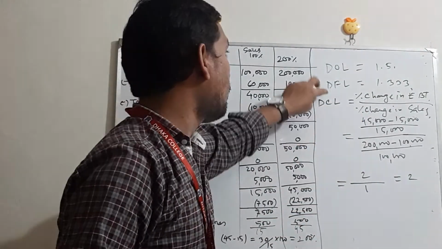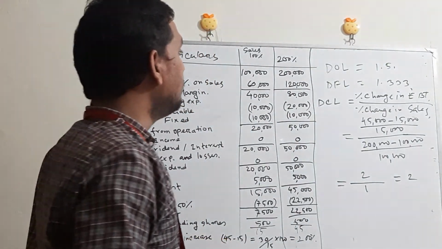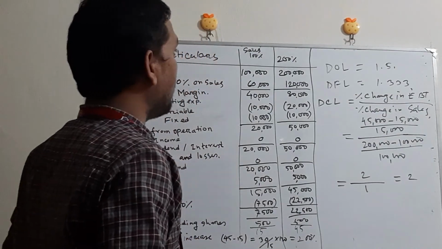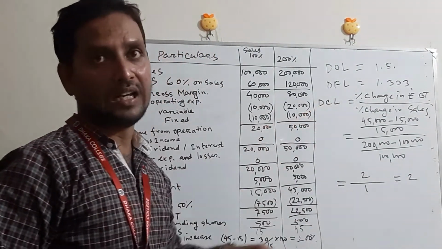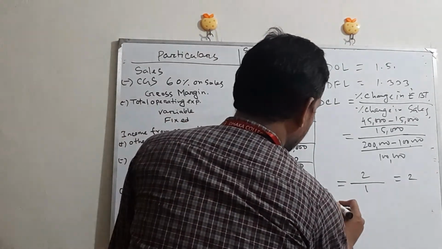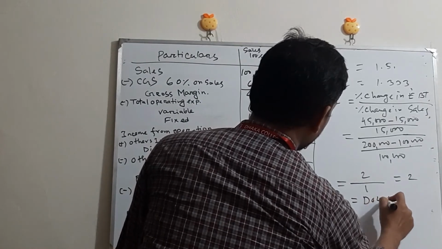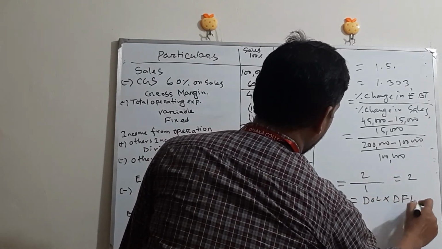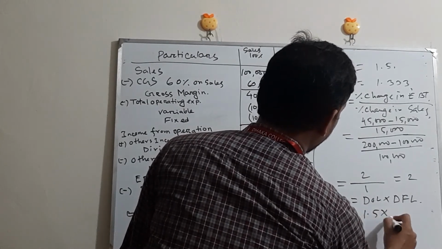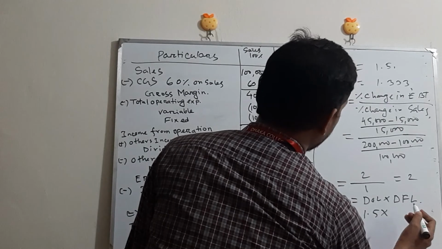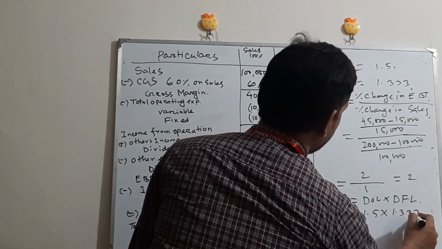DCL is the combination of DOL and DFL. When we multiply DOL and DFL, then it will be DCL. So DCL equals DOL times DFL. Here DOL is 1.5 and DFL is 1.333.